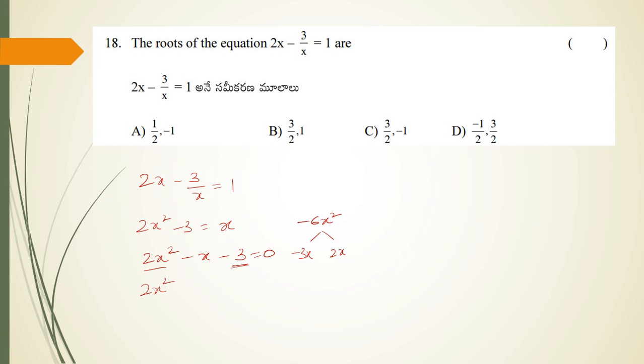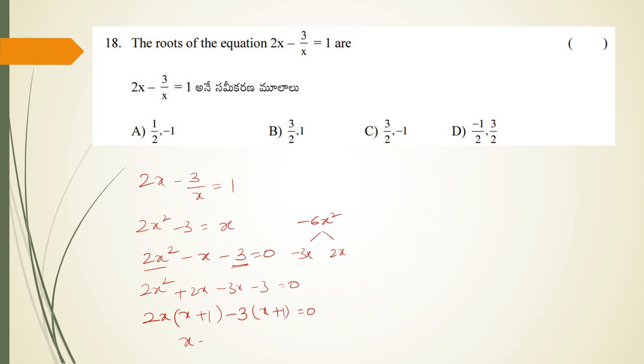So when I write this as 2x square plus 2x minus 3x minus 3 is equal to 0, from the first two terms I can take 2x as common. So when I take 2x as common, x plus 1, and here minus 3 as common, x plus 1 is equal to 0.